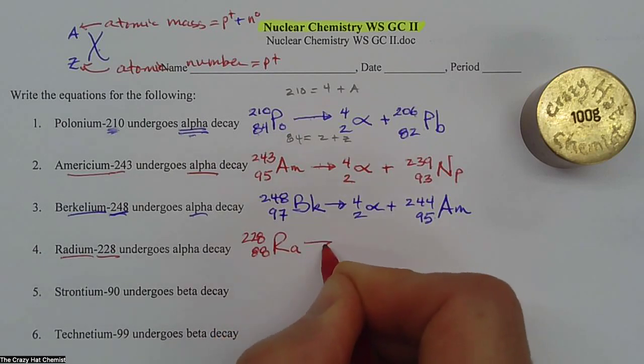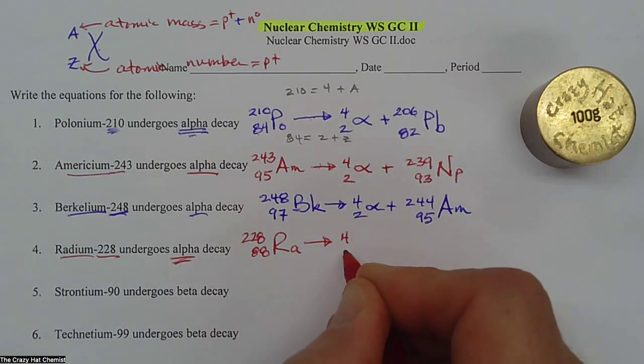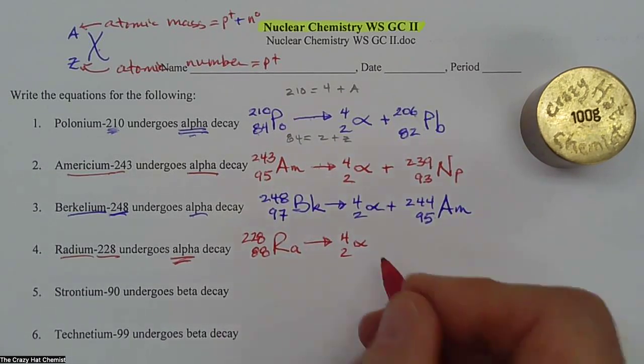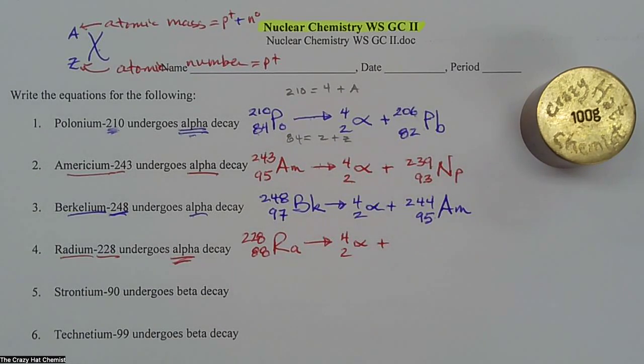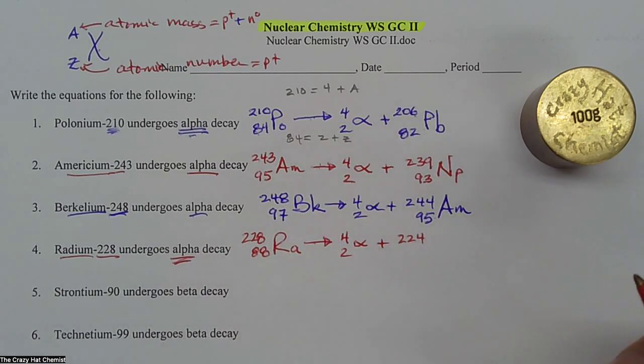Atomic number 88 is going to decompose into an alpha particle and another element. So that's 4 and 2 with the alpha symbol, just like that, plus. Now 228 is equal to 4 plus what number? That's 228 minus 4, so that's 224. That's the new mass.